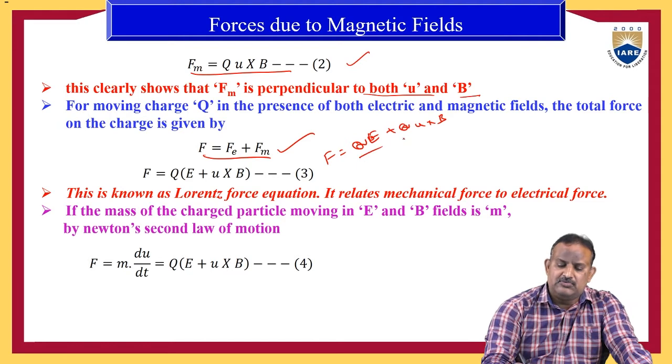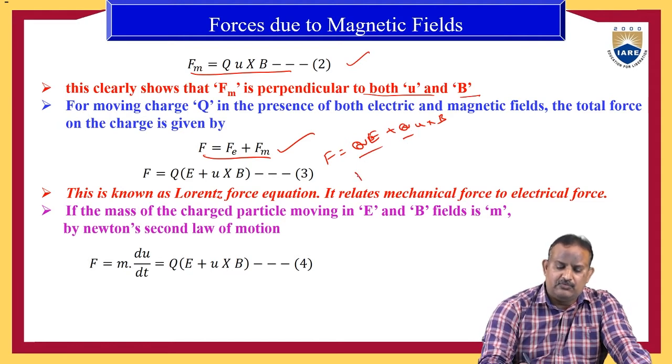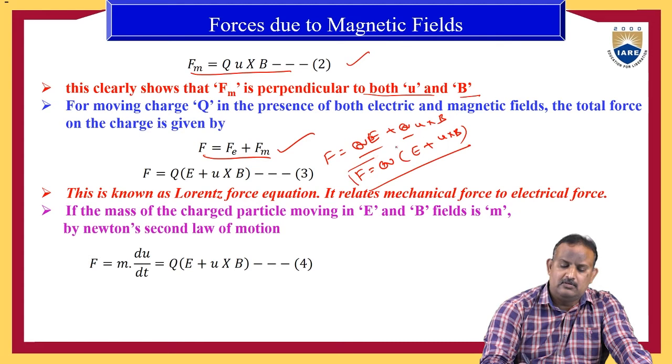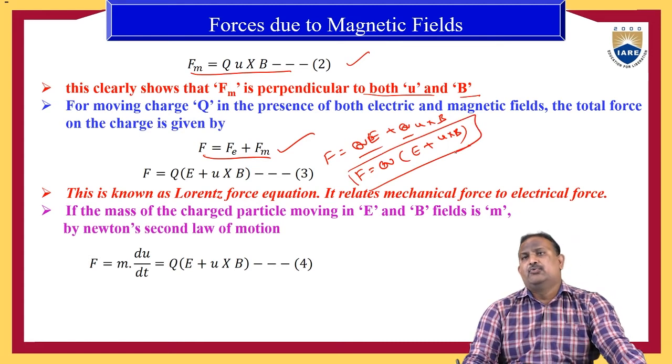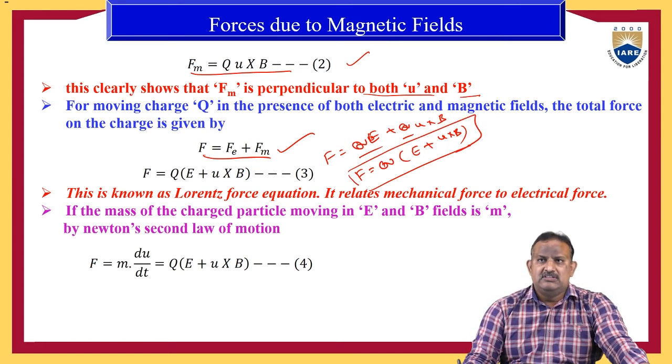In both terms you can take Q common. Therefore, the force is equal to Q into E plus U cross B. This is the total force on a moving charged particle in electric and magnetic fields.